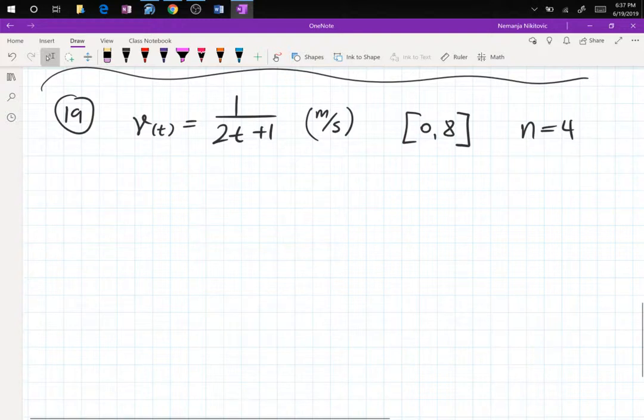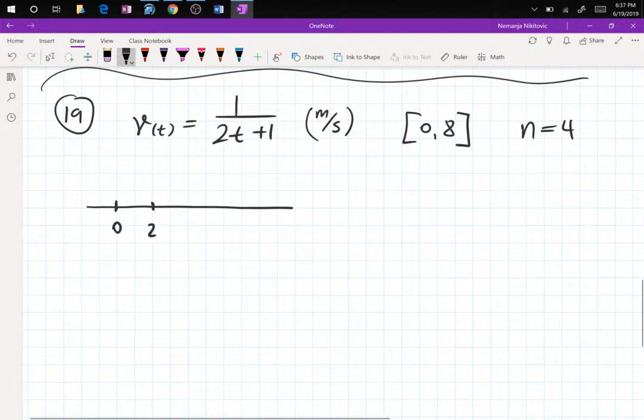Now, you don't have to graph the function, even though it's easy. It is enough just to draw the t-axis, the time axis, so you can see the partition. You need numbers from 0 to 8, but you actually need only every other one because they want 4 rectangles, so 0, 2, 4, 6, and 8.